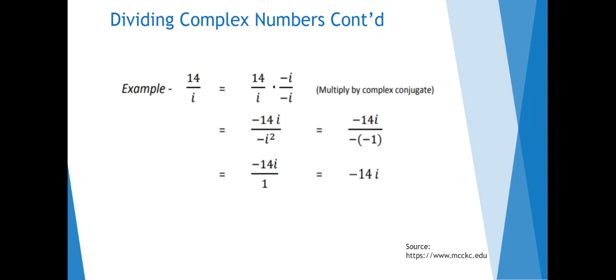Multiplying that, we get negative 14i over negative i squared. i squared is negative 1, so we replace the i squared with negative 1, so it would be negative 14i over negative 1, that's positive 1. So it's negative 14i over 1, and that would just be negative 14i.